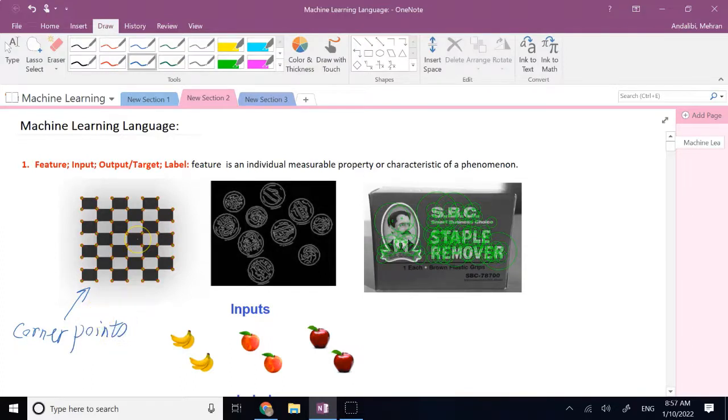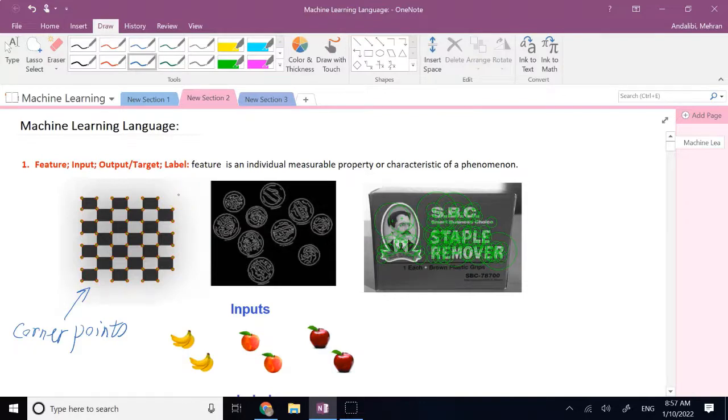Where are they located? What are their positions with respect to each other, and so on? And how would you describe the vicinity of the corner point? In my other playlist on computer vision, one of my future lectures will be allocated to detecting corner points using the Harris corner detector.